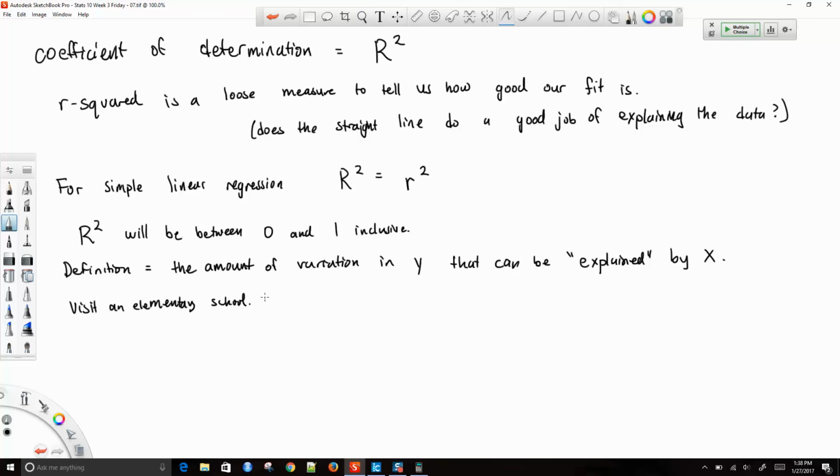So we observe the different heights of kids. So we'll say our heights will be y. So y is equal to height.